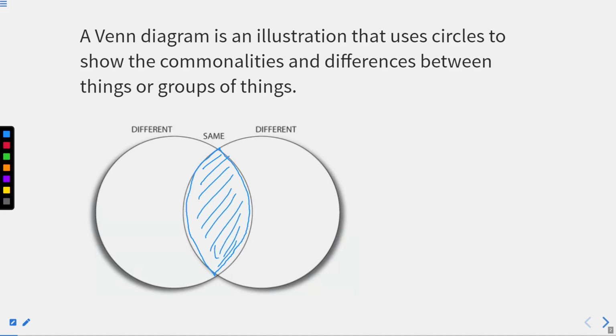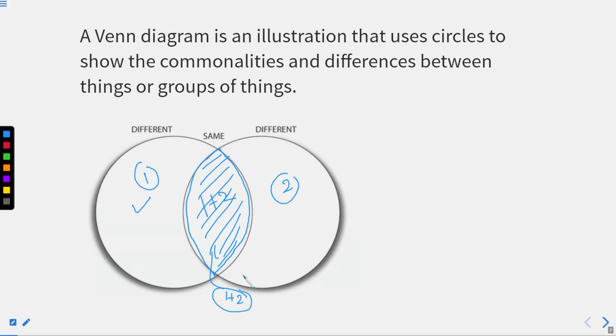whatever things circle number 1 is representing, and whatever things circle 2 is representing, have something in common, and that common thing will be represented here, that is 1 plus 2. I will write it here, 1 plus 2, which is in common.